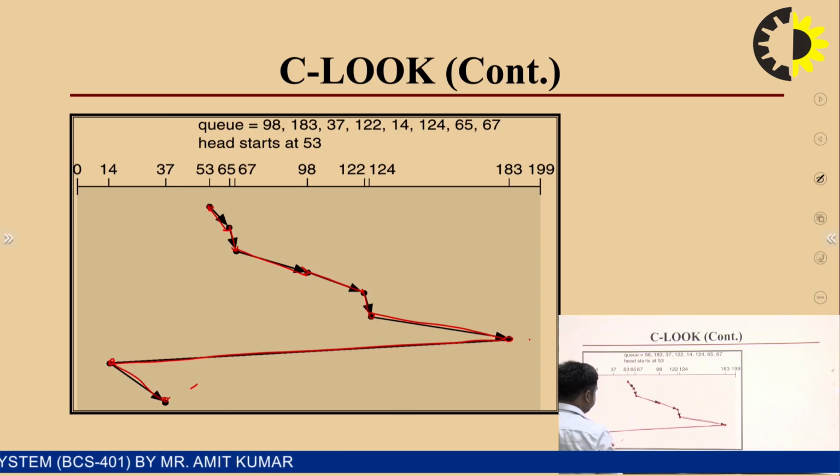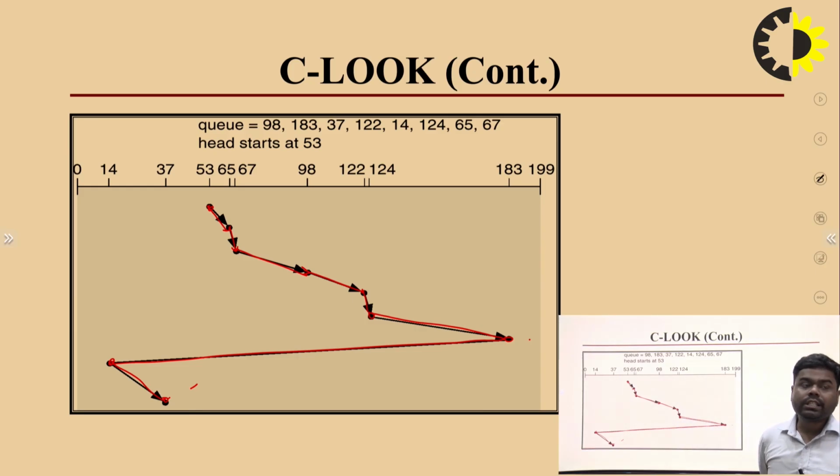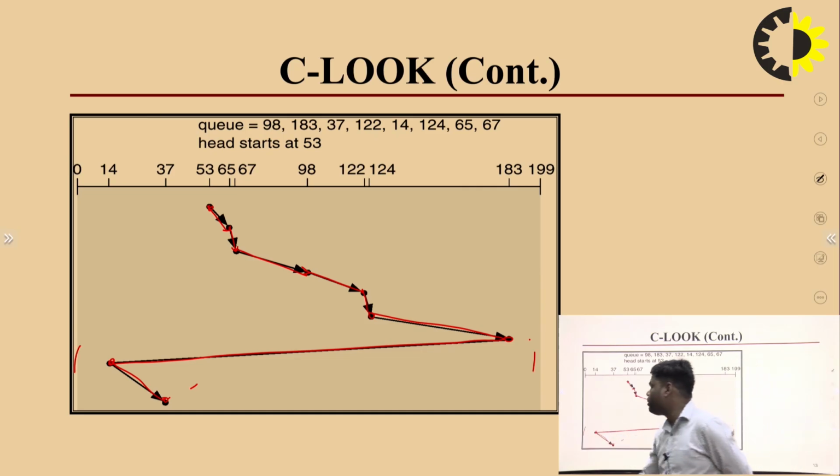Most of the students ask, sir, why are we not going directly to 37 and then 14? Because this is a C-LOOK type, and C-LOOK means it will go from one end to the other end, and one end is 183 and the other end is 14, because 183 is the nearest to 199 and 14 is the nearest to 0.